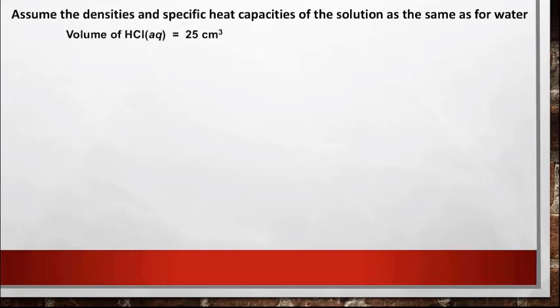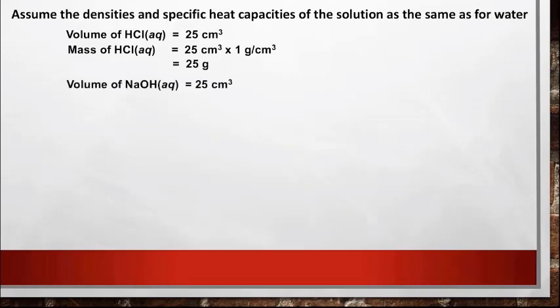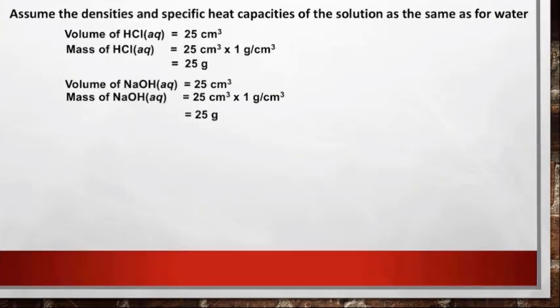Now, let's calculate the mass of both HCl and NaOH. This is the volume of HCl. In order to find the mass of HCl, you just have to multiply that with the density of water, which is 1 gram per centimeter cube. And you should get the mass of HCl is 25 grams. Same goes for sodium hydroxide. The volume is 25 cm³. Multiply that with the density of water and you should get the mass of NaOH is 25 grams.